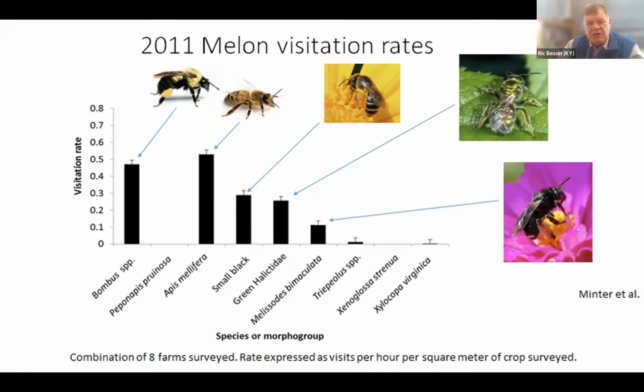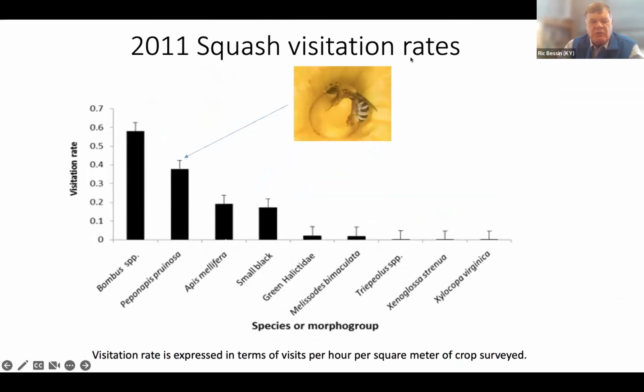The next slide shows what we have on squash plants, in this case acorn squash. A couple of things to note: the bumblebees tend to be incredibly important on some of these squash flowers. The other pollinator that shows up is the squash bee, Peponapis pruinosa.